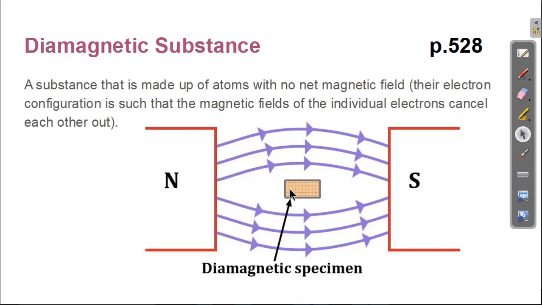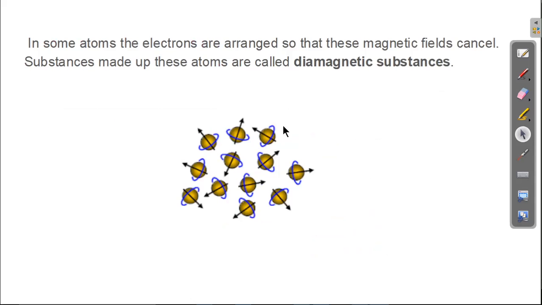So here you have it. If you put it in the middle of a magnetic field, nothing happens there. They don't express any kind of magnetic field. Now, let's go back for a second. Remember that this was about electrons canceling one another, so the atom itself did not have a magnetic field.